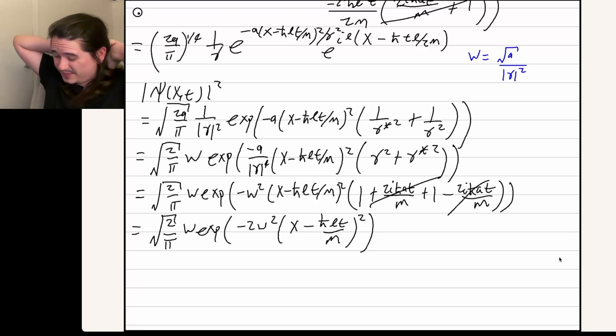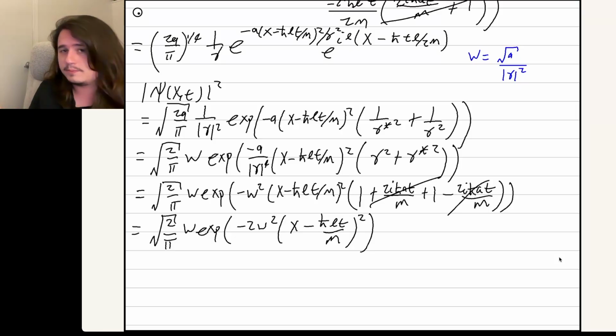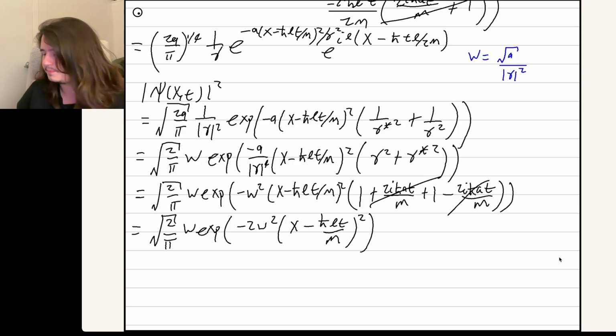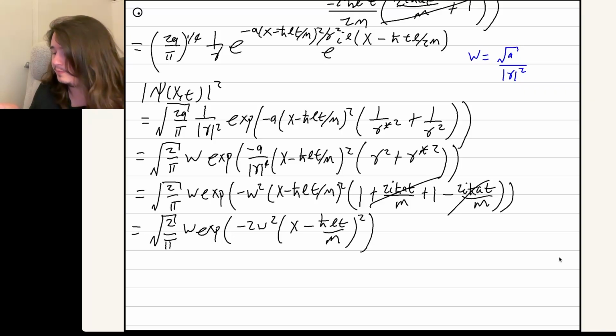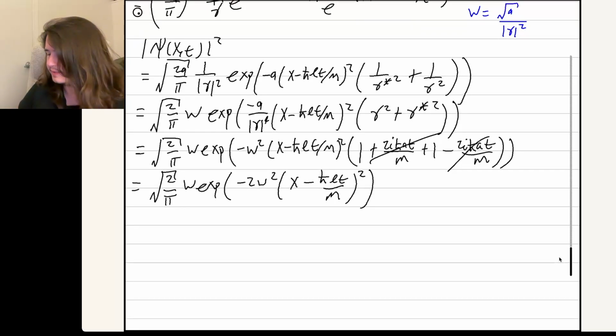So it's a Gaussian, right? But it's displaced by this h bar L over m times t. So this is the part where you can interpret that this just means the center of the Gaussian wave packet is moving along the x-axis with a speed of h bar L over m.